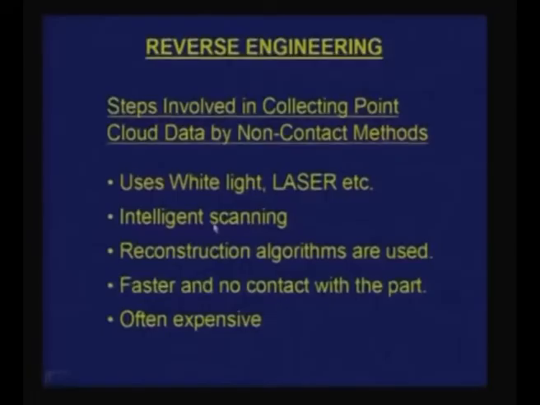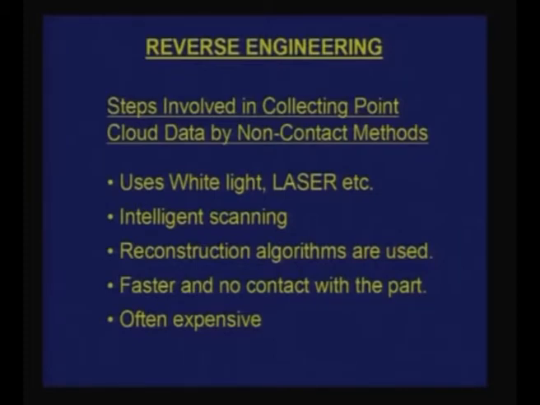So I can do an intelligent scanning, and one has to again reconstruct a CAD model from the data points which are collected. As I said, the method is faster and there is no contact. Sometimes you may have objects which are highly flexible, so flexible that any contact which is made will deflect considerably.